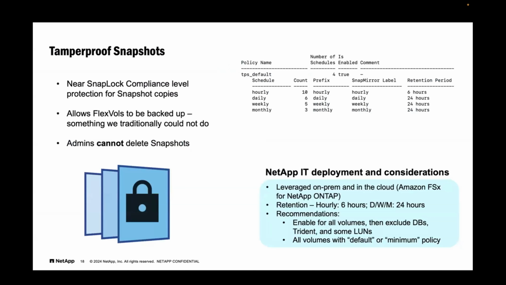All right. Now coming to the real feature set that we've started rolling out over the past 6 months: tamper-proof snapshots. As you know, we had the snapshot and SnapLock feature. Now that feature is available for use on your primary storage. Once the tamper-proof snapshot feature is enabled and you create a snapshot specifying a retention time, nobody can delete that snapshot.